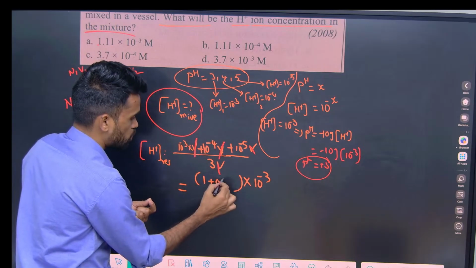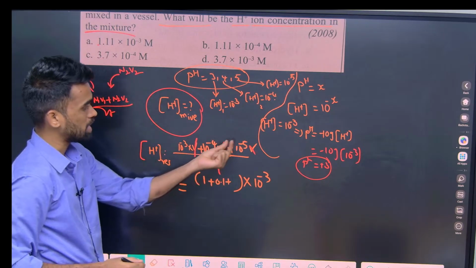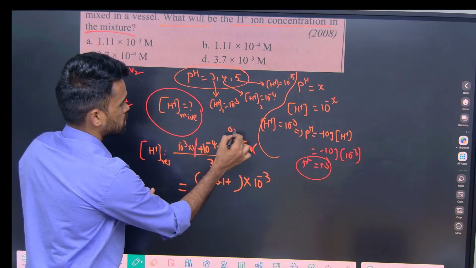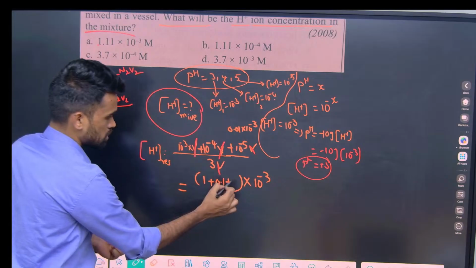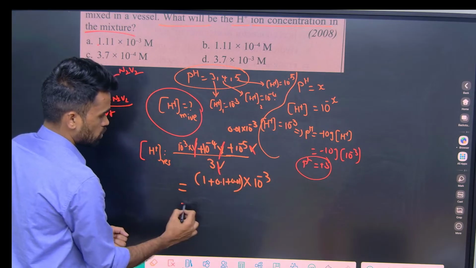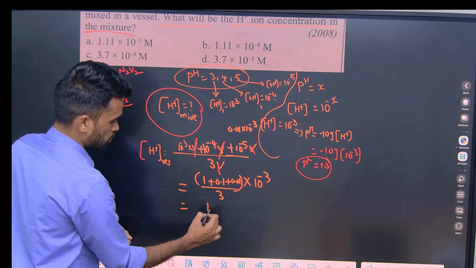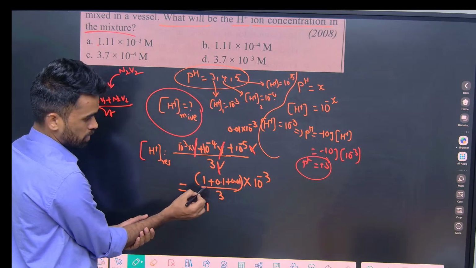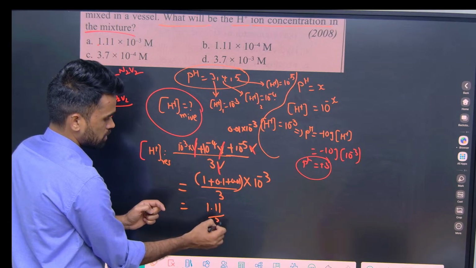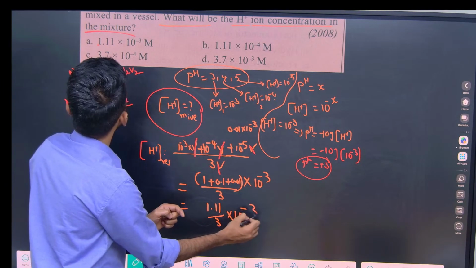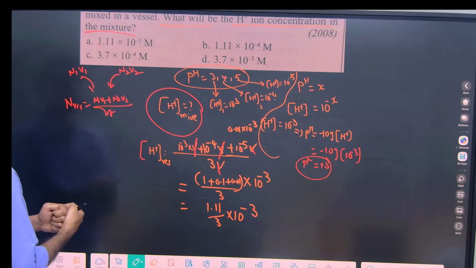That is 0.1 I am writing here. 10 power minus 5 you can write as 0.01 into 10 power minus 3. It means here 0.01. So now by 3. So now 1 plus 0.1 plus 0.01, 1.11 by 3 into 10 power minus 3. Okay, so this is what we got till now.